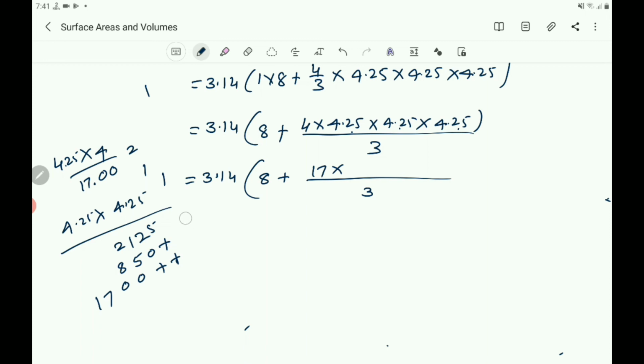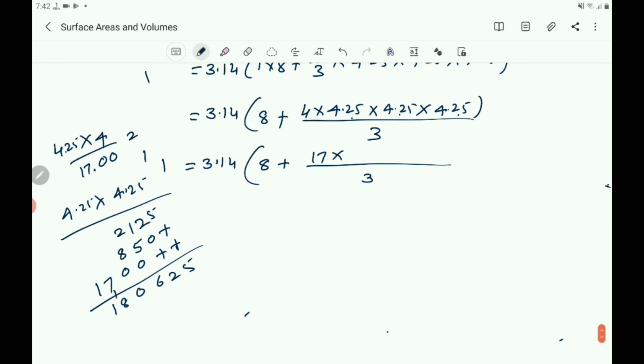So you will get 180625, that is 18.0625. Now you multiply, so the product of these two becomes 18.0625.